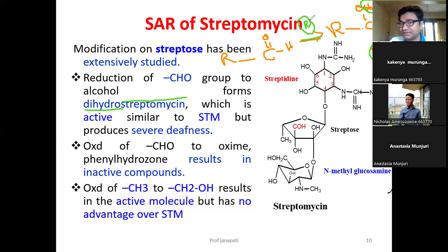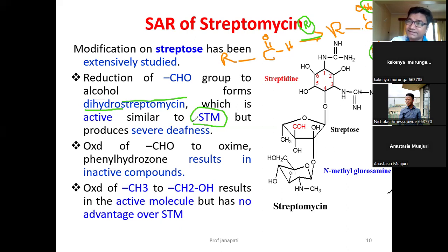On reduction, the aldehyde portion present in streptose has been reduced to the alcohol portion. Then the entire molecule is called dihydrostreptomycin. I'm telling you what is meant by dihydro: because two hydrogens came.